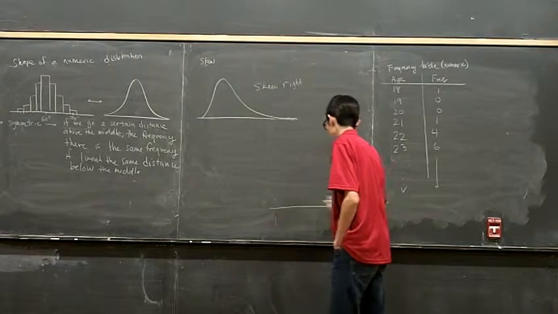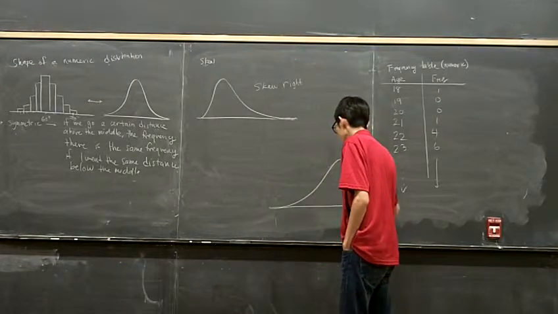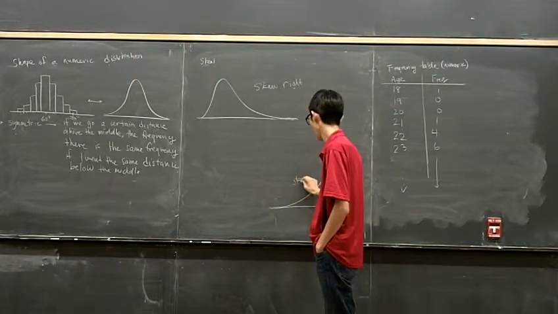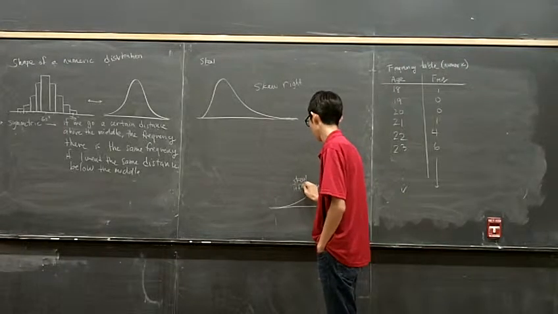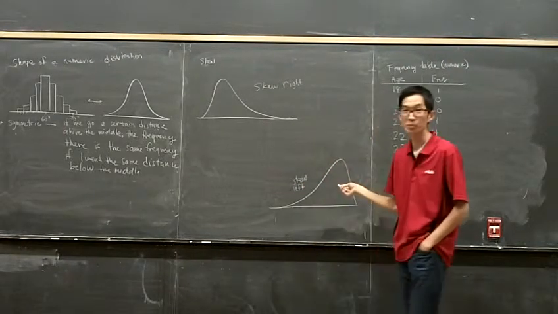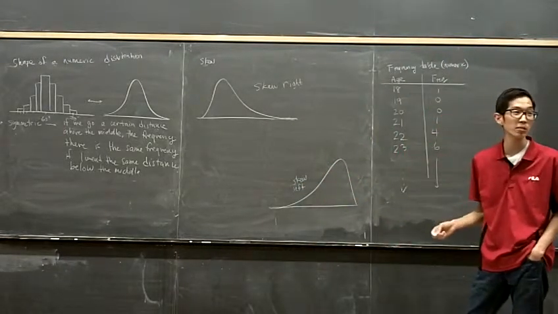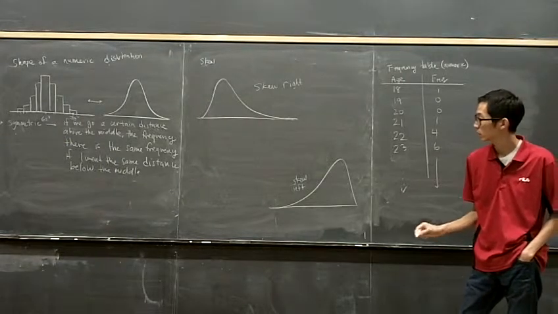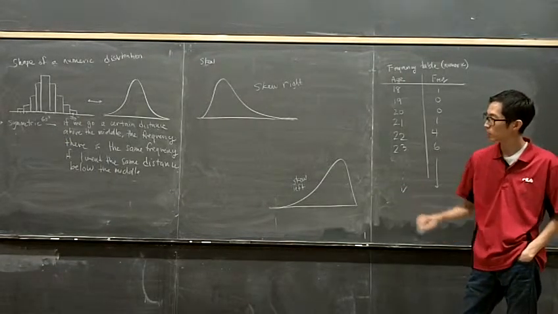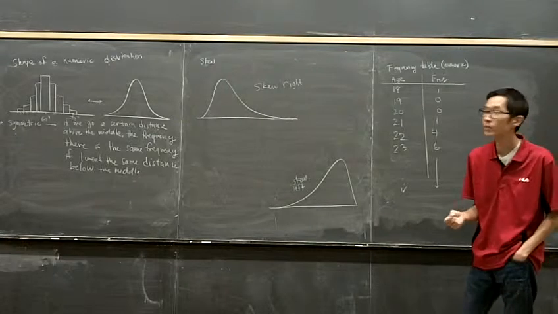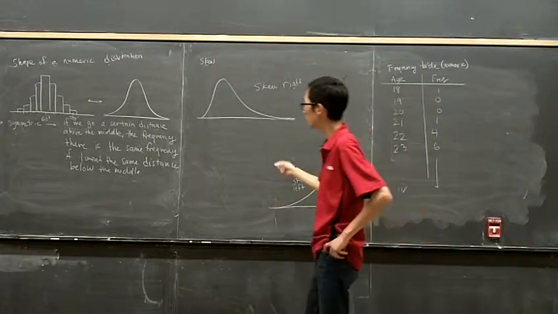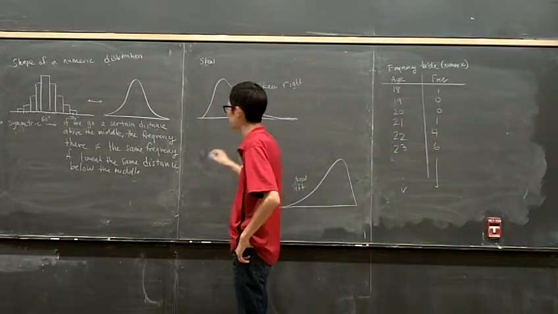And over here, this would be skew left. Both are unimodal, both have one peak, one most common value. So these are both unimodal, but the shape here is skew right and skew left. The idea over here is that maybe the middle is somewhere around here.